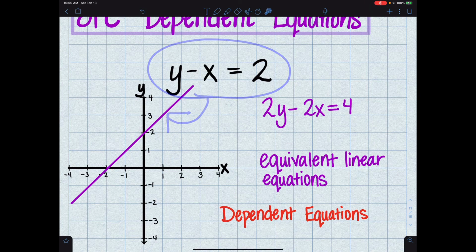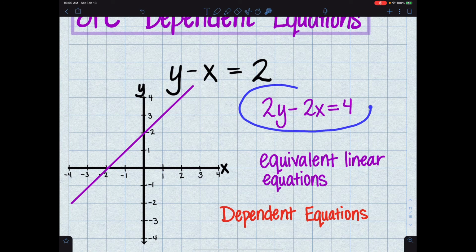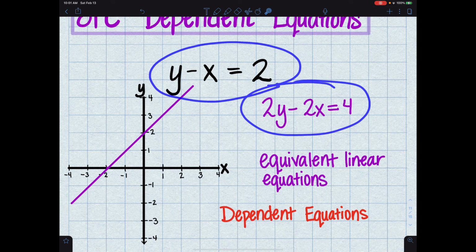Okay? Now, if you multiply everything here by 2, what do you get? You get this equation, which is 2y minus 2x is equal to 4. Now, if you were to graph this one and put in a random number for x and see what you get for y, you would get the same exact line because these equations are equivalent.